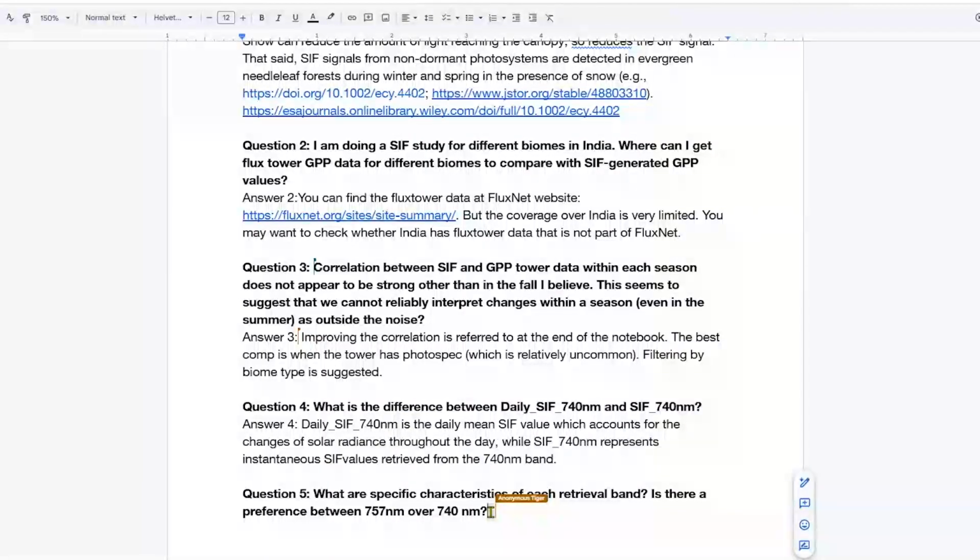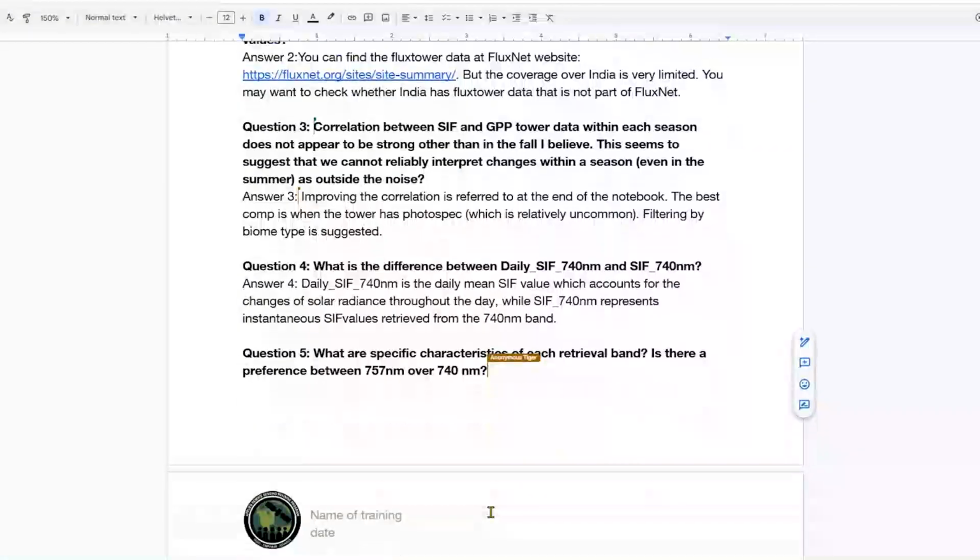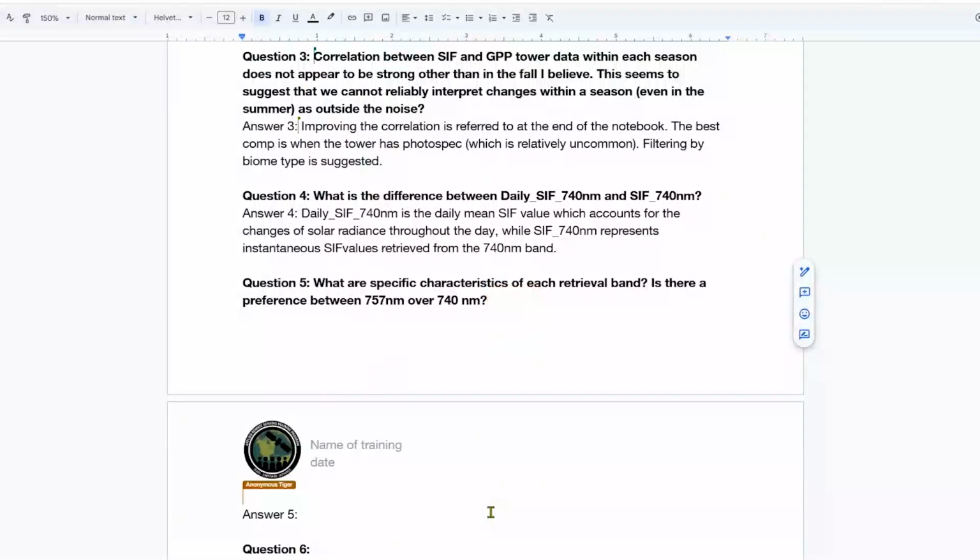The next question, question number 5. What are the specific characteristics of each retrieval band? Is there a preference between 757 nanometers over 740 nanometers?